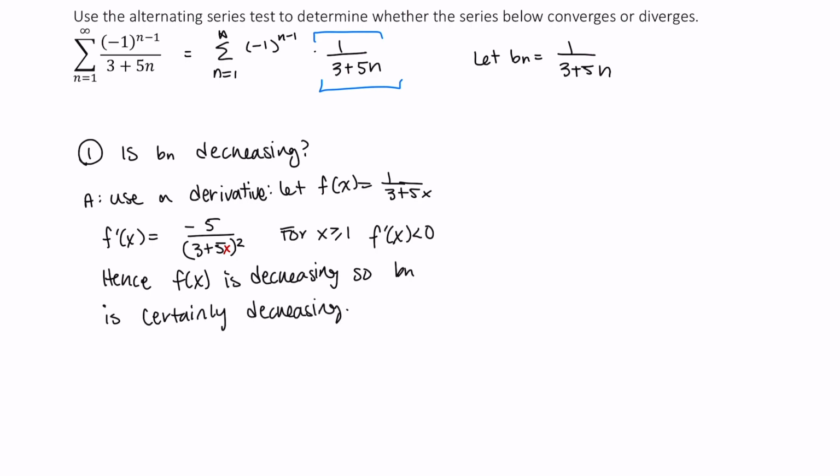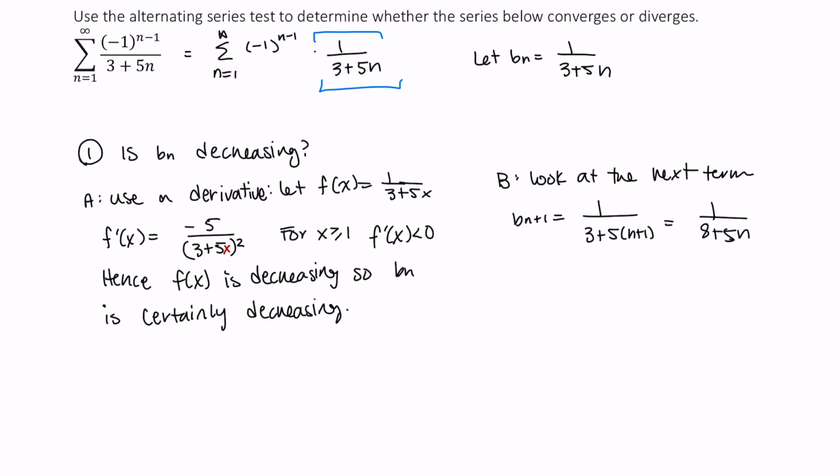Another way we can show this is to look at the next term. What I mean is b sub n plus 1, which is equal to 1 over 3 plus 5 times n plus 1, which is 1 over 8 plus 5n. If you don't see how I got from here to here, please pause your video and work that out algebraically. So what just happened here?